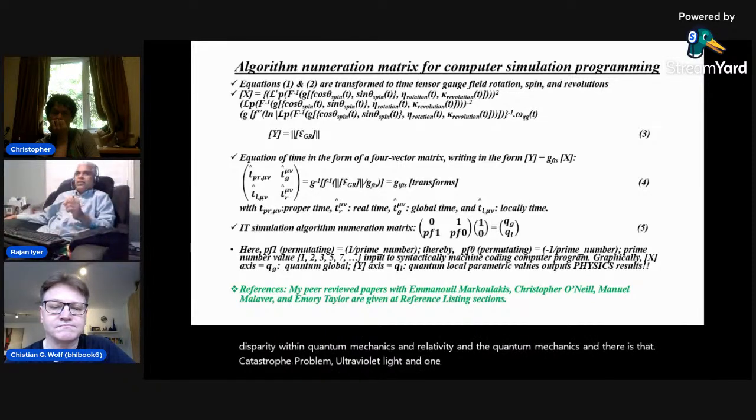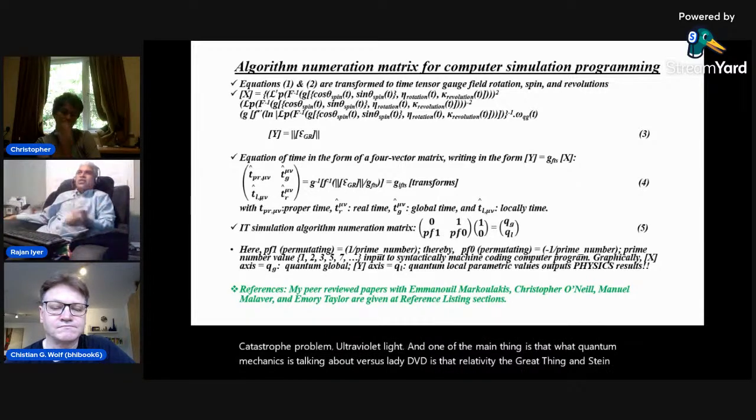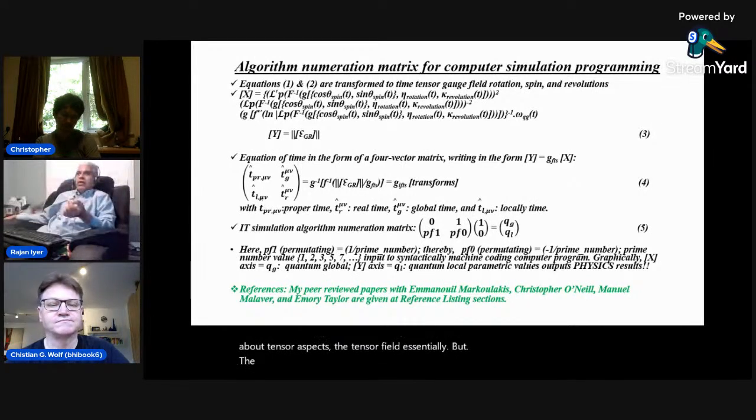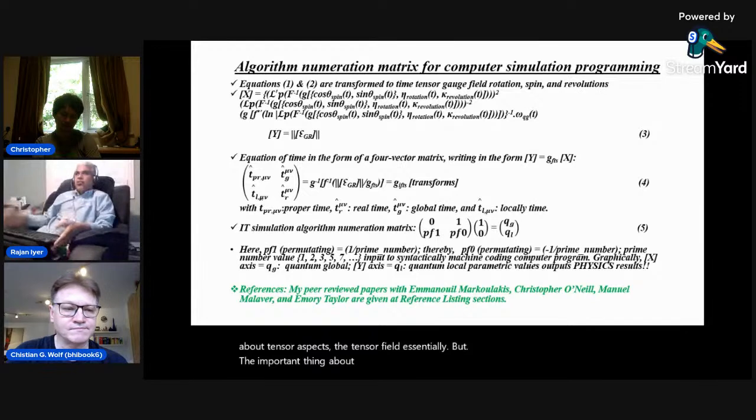One of the main things is that relativity, the Einstein theory, is about tensor aspects, the tensor field essentially. But the important thing about quantum is that we can only figure out order of magnitude, and I think we can discuss that later on.